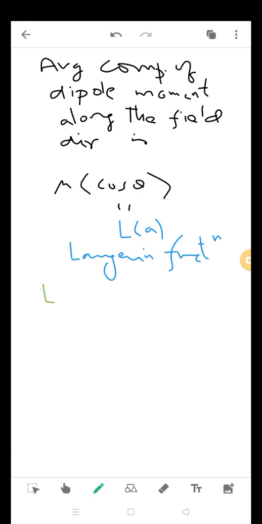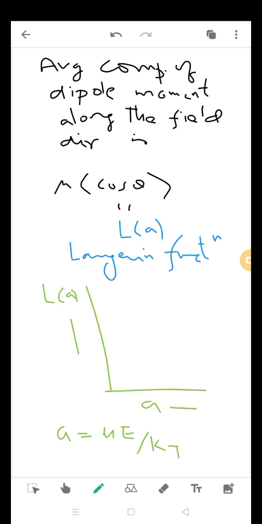So if we plot L(A) with respect to A, where A is mu E by kT, then the plot actually looks something like this.